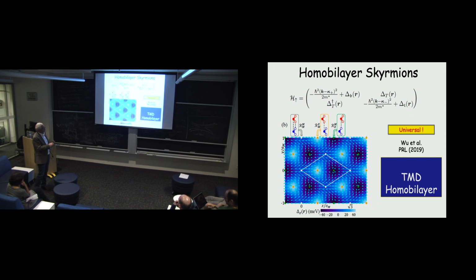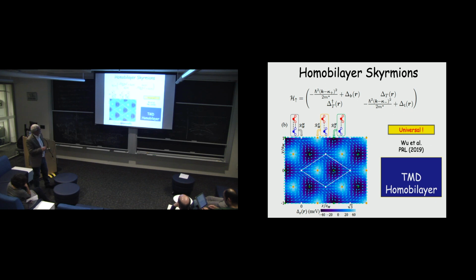So the zero momentum in one layer is not zero momentum in the other layer, and so at some places in position, for example at these yellow points, chalcogen in one layer is on top of metal in the other layer, and that means the potential is attractive in one layer and repulsive in the other. And so there's a big difference between these potentials.